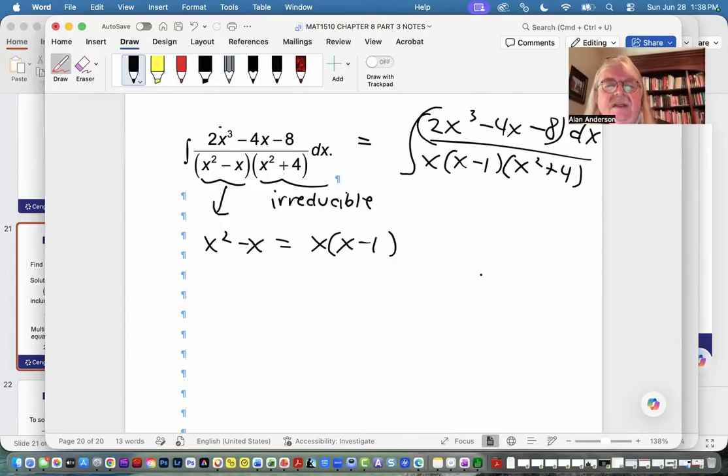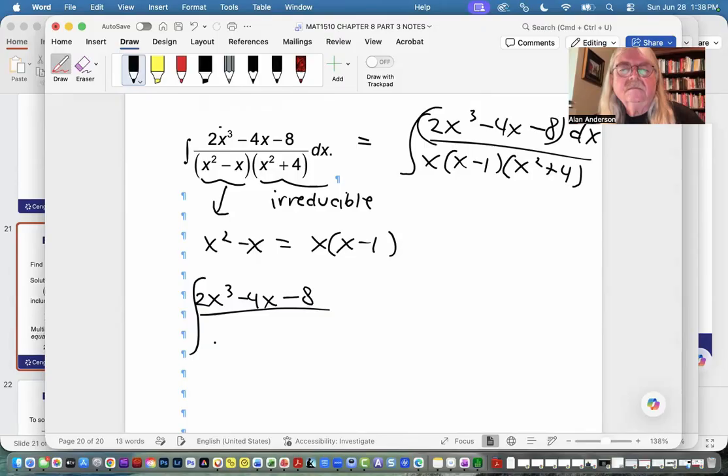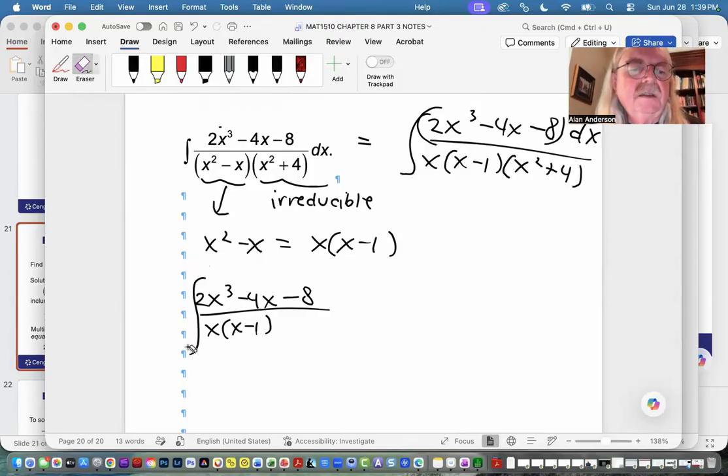And then what happens then? Well, actually, let's do it first without the integral, just so we know what we're supposed to do.